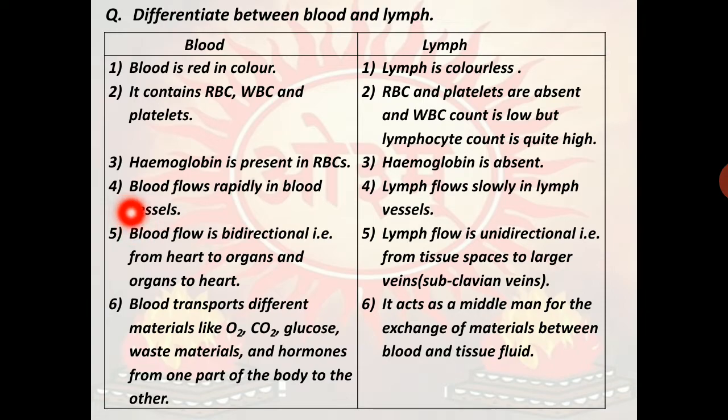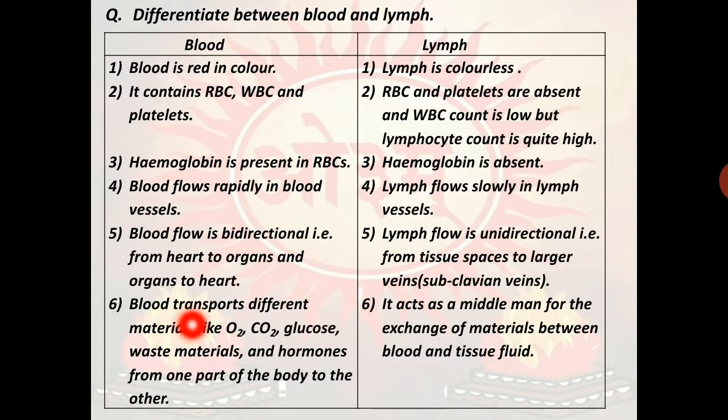Blood flows rapidly in blood vessels, whereas lymph flows slowly in lymph vessels. Blood flow is bidirectional, that is from heart to organs and organs to heart. Lymph flow is unidirectional, that is it starts from tissue spaces and goes to larger veins of the body, for example, subclavian veins present near the chest.